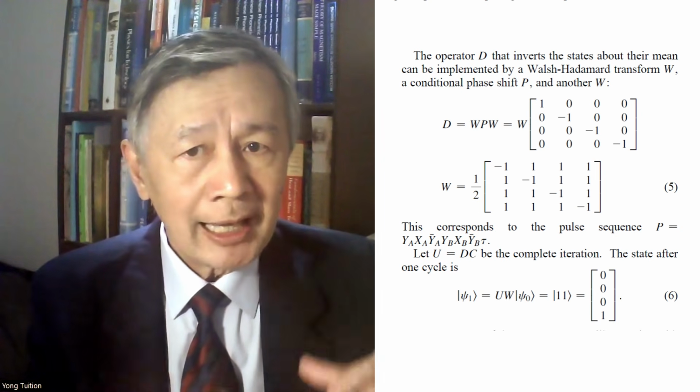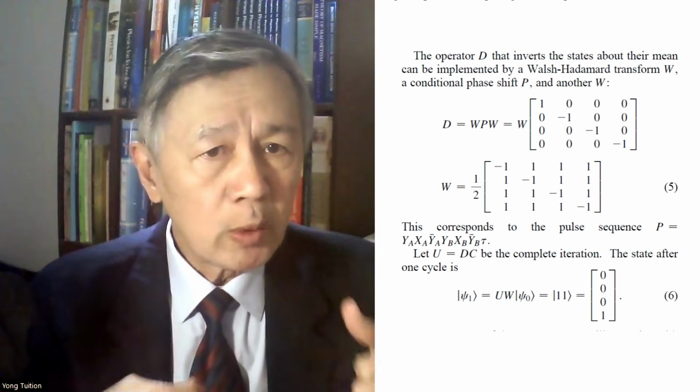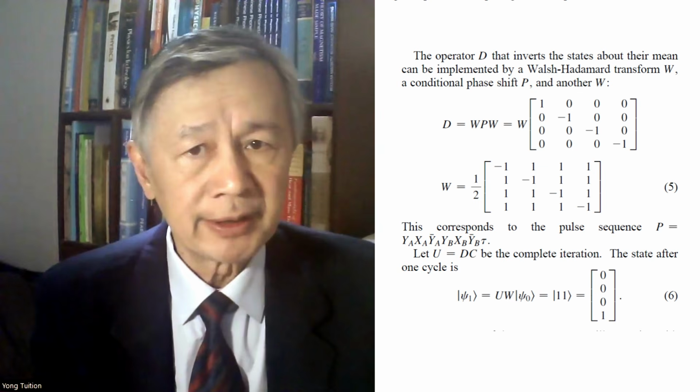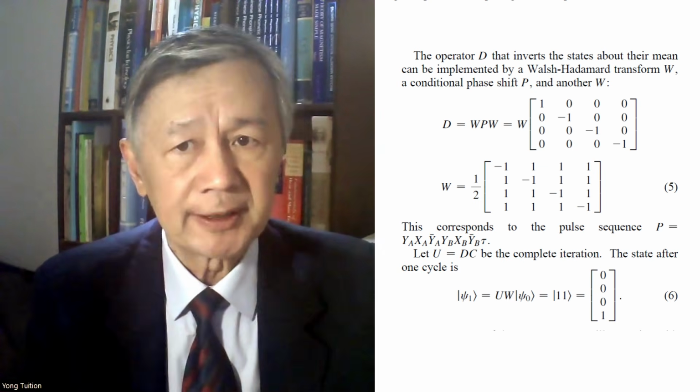In general, a Hadamard gate might require a combination of half-pi or pi pulses with specific phases.